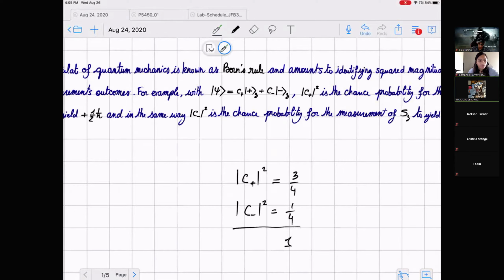For the second one, you will have the same chances, and for the third one as well. But although all the particles are prepared in that same initial state, the outcome of their measurements will be just driven by probabilities, which are 3/4 and 1/4.